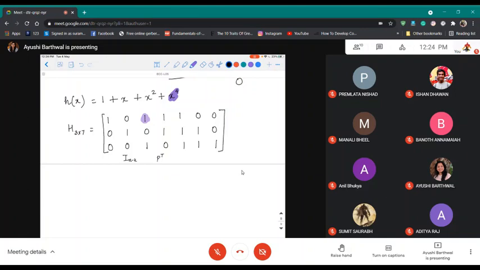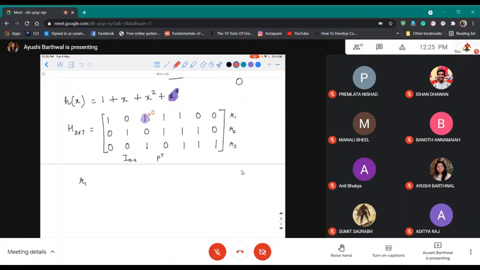So what will be the method that you'll be using? What changes will you make in the first row? This is row 1, row 2 and row 3. You have to make this element 0. So see, addition of which two rows will affect only this element?